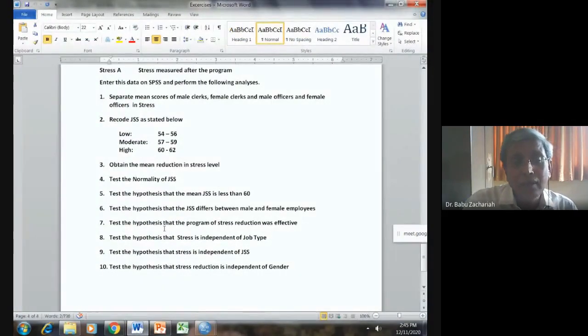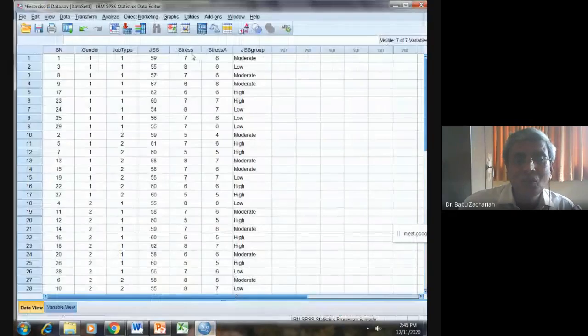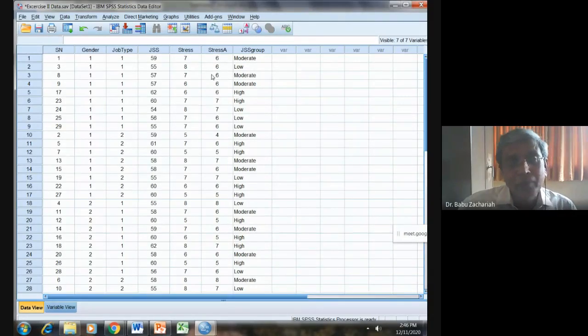Obtain the mean reduction in stress level. Say, look at the data. Say, original stress level was this. After the intervention, stress level was recorded. For some people, it is decreased. Some might not have. Now, the question is, calculate the mean reduction in stress level.